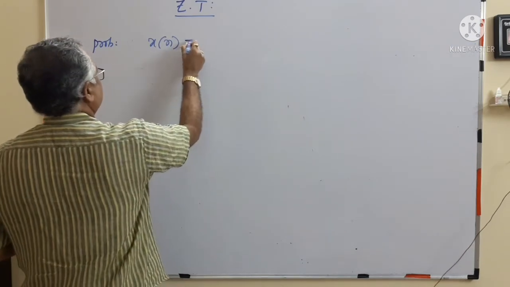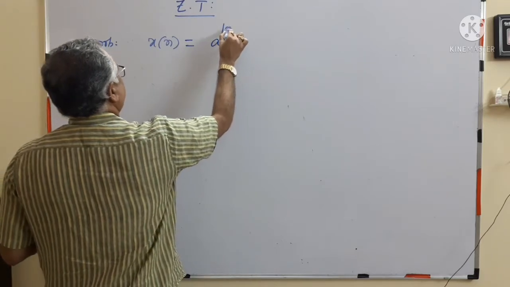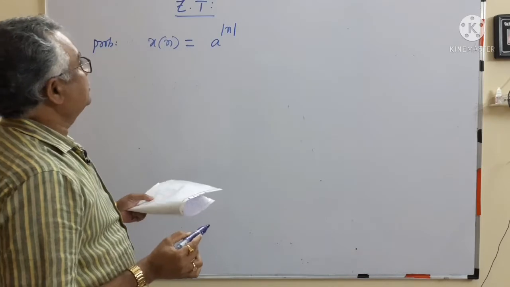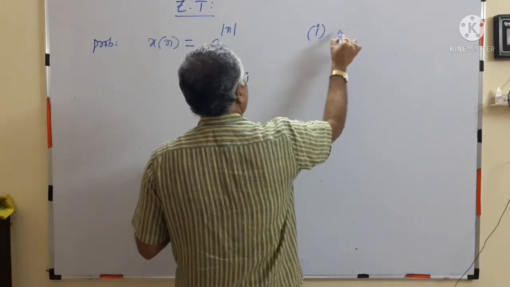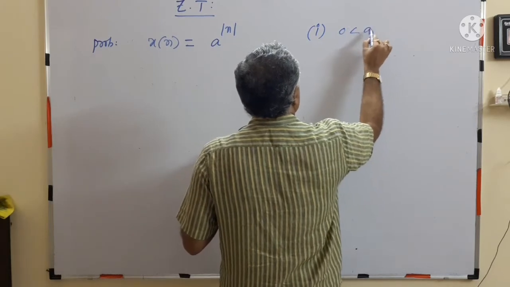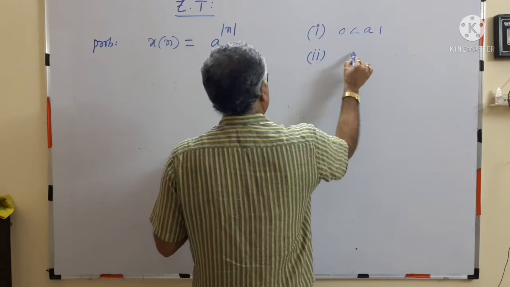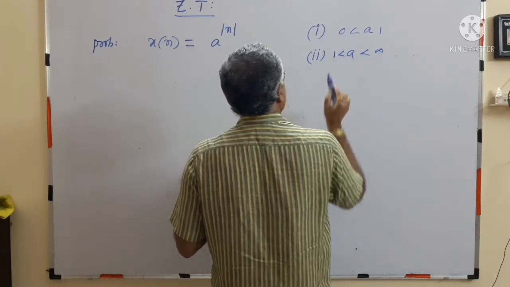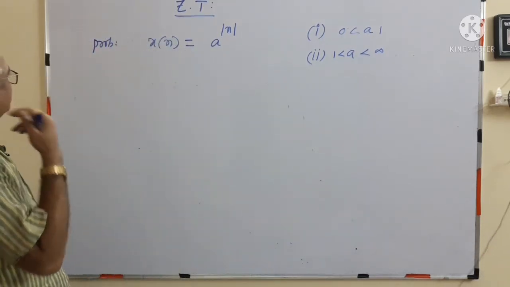Next problem, x of n equal to a power mod n. There are two cases. Case 1, a is between 0 and 1. Case 2, a is greater than 1 and less than infinite. For both the cases we have to do it.